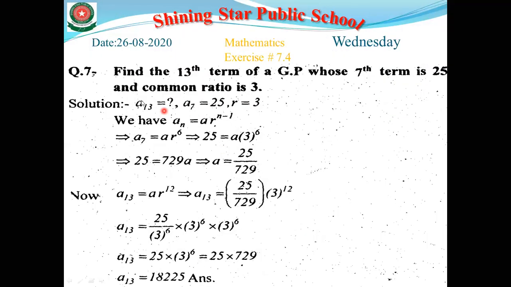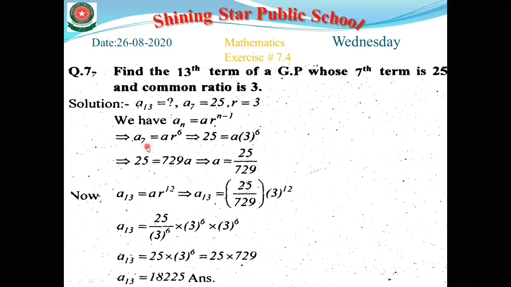Now the question number 7. Find the 13th term of a GP whose 7th term is 25 and the common ratio is 3. Okay, now we have to find the 13th term. 7th term is 25, means A7 is 25. So we start the solution of this question with the help of this 7th term. First of all, what is the formula of A7?